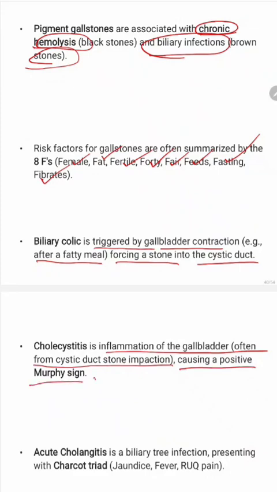You palpate deeply in the right hypochondrium and ask the person to breathe deeply, and he will stop inspiration because the gallbladder is tender. This is called a positive Murphy sign.